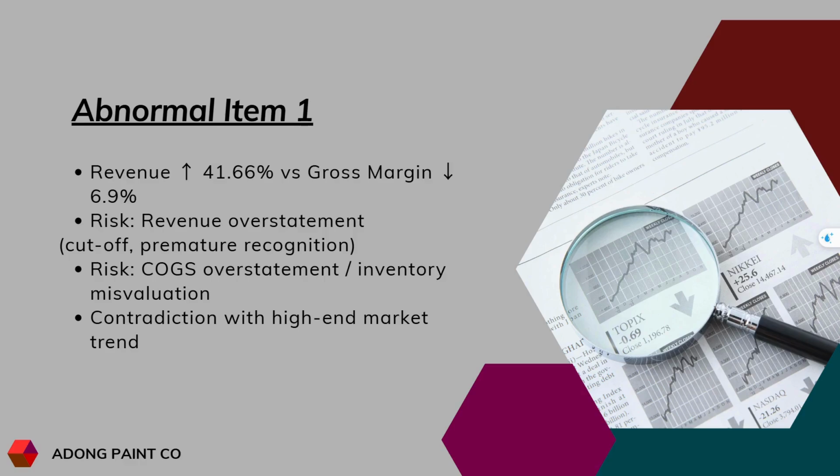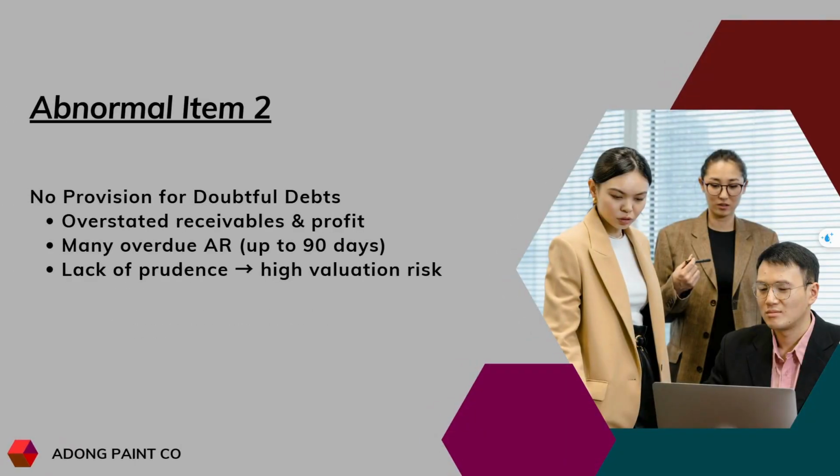So we move to abnormal item 2. It's about understatement of bad debt provision. We can see that net profit decreased sharply by more than 919%, and net profit margin dropped by 5.1%, even though revenue increased significantly.